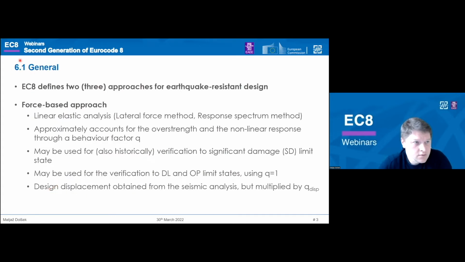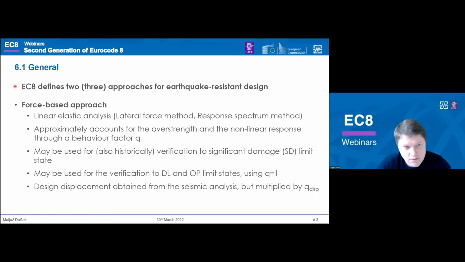If we go to 6.1, the general subsection, Eurocode introduces what can be done, and it basically defines the two approaches for earthquake-resistant design.